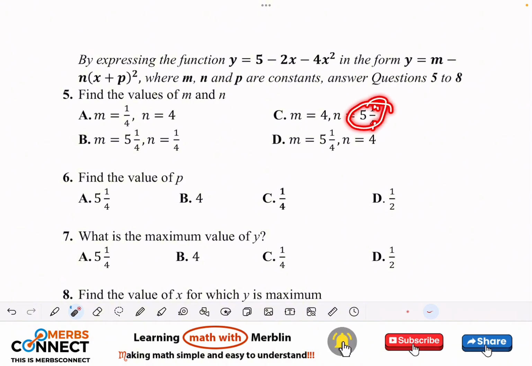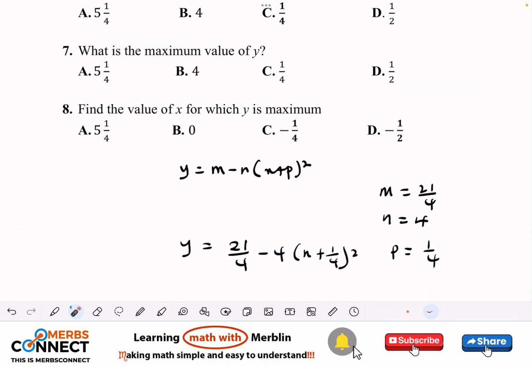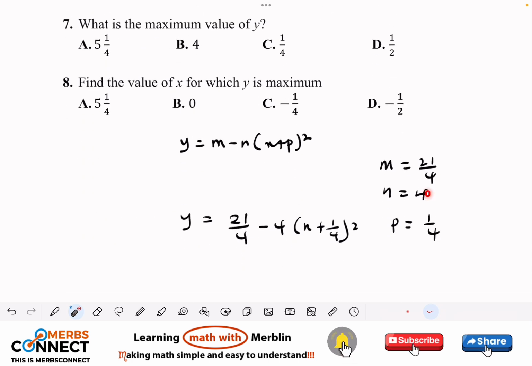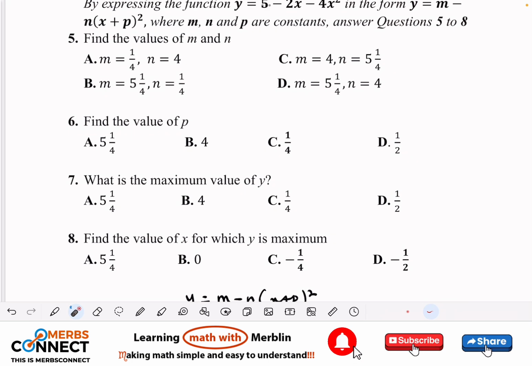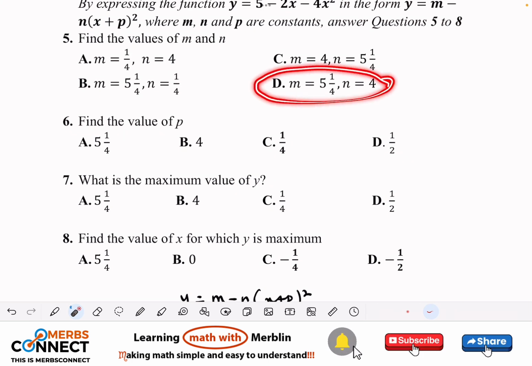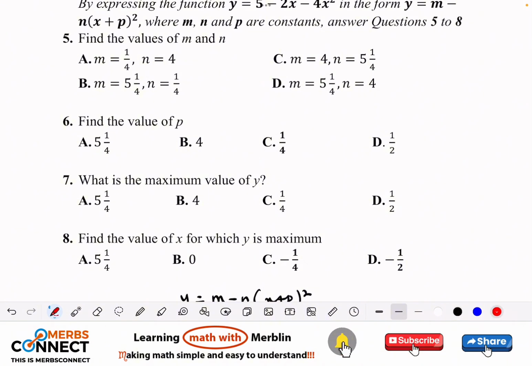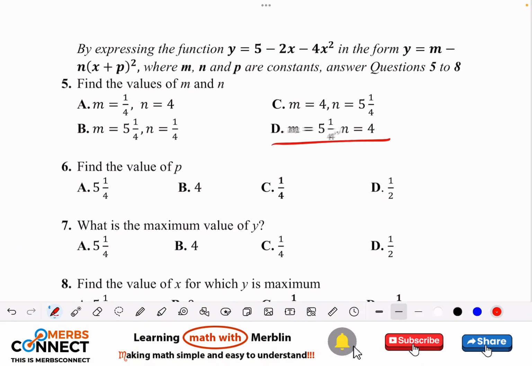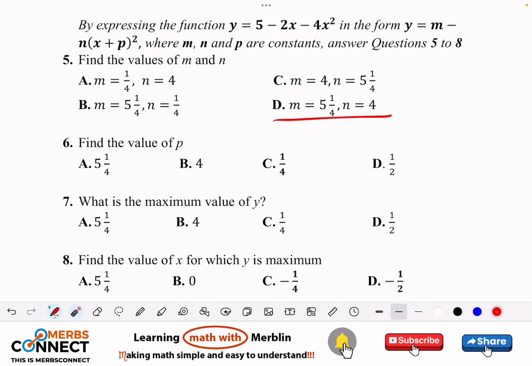So this is the same as that. So m is 21 over 4 and n is 4. So what will be the right choice? The right choice will be this one. So n is 4 and m is 21 over 4, which is this one here.